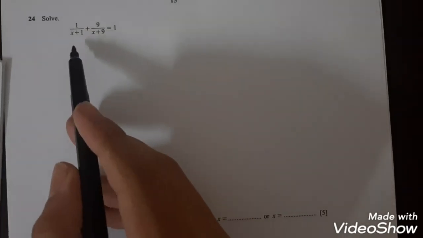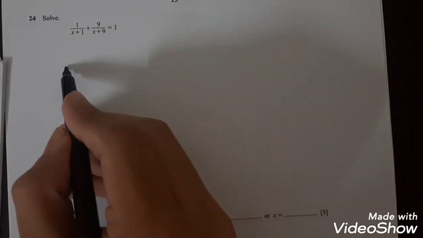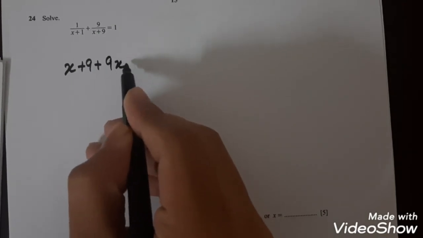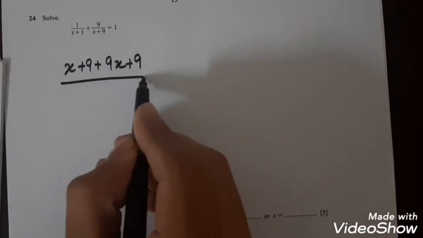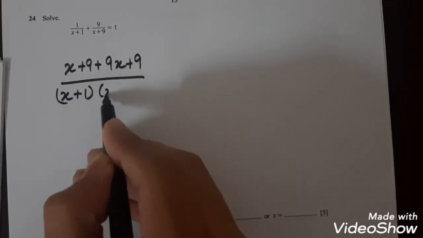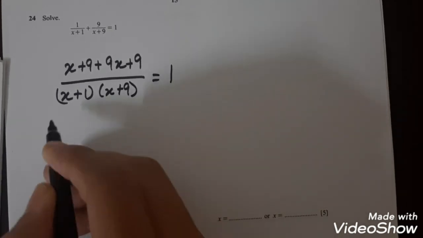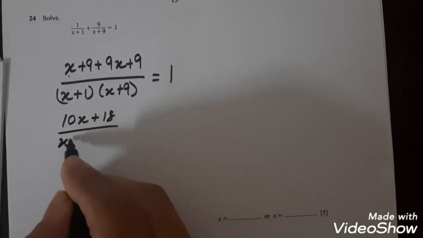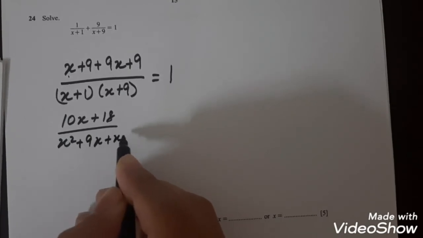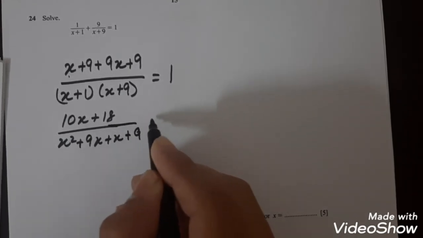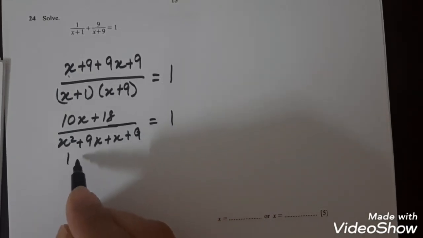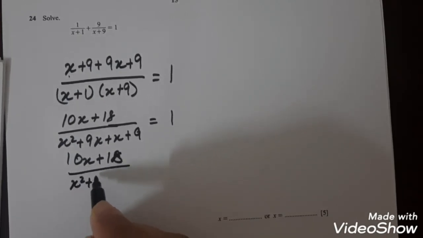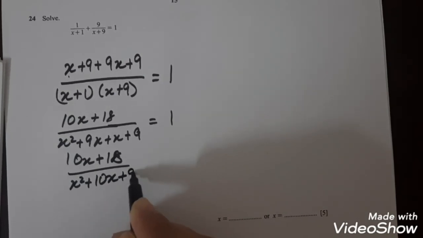So first we will simplify this by adding both fractions and write x plus 9 plus 9 multiplied by x plus 1, which is 9x plus 9, divided by x plus 1 multiplied by x plus 9, is equal to 1, which will be x plus 9x is 10x plus 18 divided by x squared plus 9x plus x plus 9 is equal to 1, which will be 10x plus 18 divided by x squared plus 10x plus 9 is equal to 1.